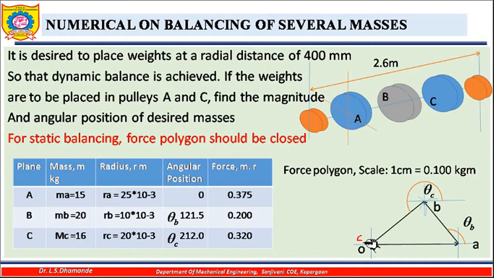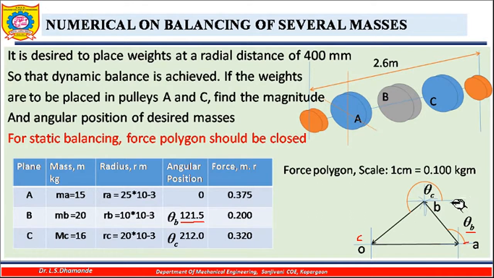Now, once I complete the force polygon, I have to get the angular positions. For the first mass, the angular position is 0, which we assumed initially. The angular position of mass B can be measured with respect to this reference line. So from here I measure, and it is theta B, which comes to be 121.5 degrees. Similarly, this is the third vector, B to C, and its starting point is here.